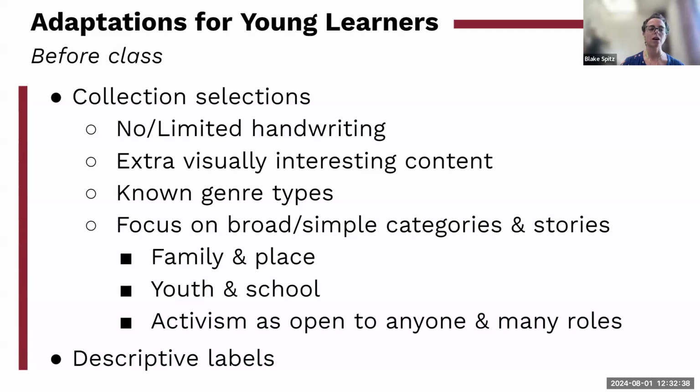Then we focus on slightly different categories and stories in the Du Bois papers. We're still thinking about him as an activist and talking about his activism, but presenting it for students in terms of how that activism is open to anyone, and all the different roles and ways you could engage with trying to make change in the world.